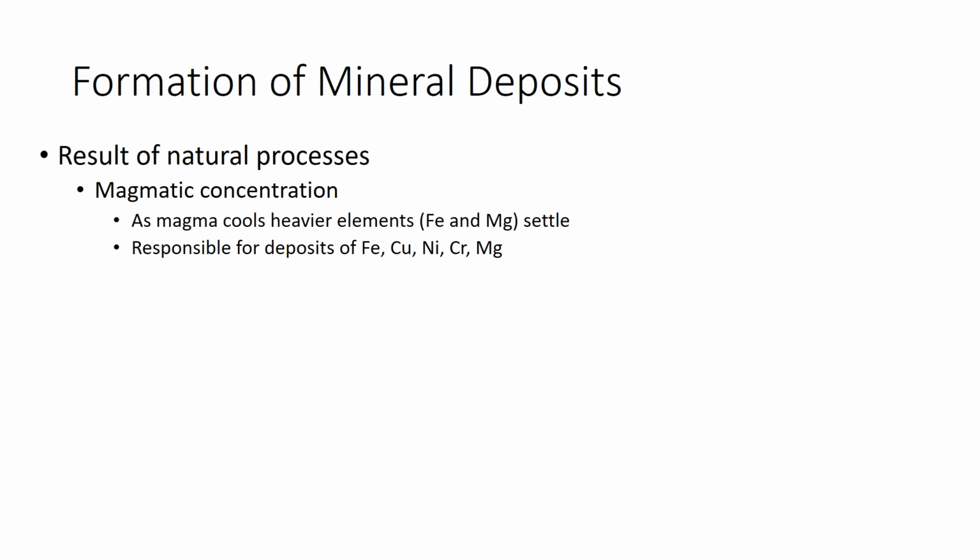And so as the magma cools, the heavier elements like iron and magnesium settle out and get concentrated in certain locations. And so magmatic concentration is responsible for most of our iron, copper, nickel, chromium, and magnesium deposits.